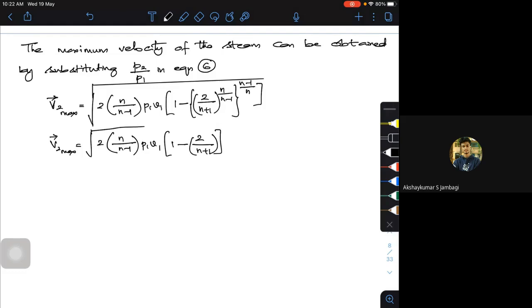So this is the expression. I can further simplify this. I can take this n plus 1 at the bottom as a denominator. So I will be getting n plus 1 minus 2. This will become n minus 1 by n plus 1.